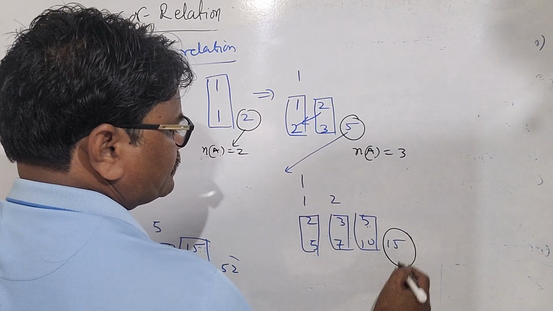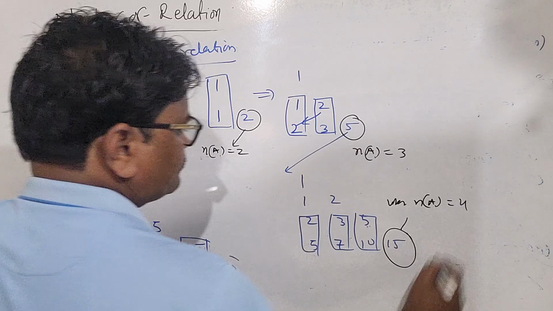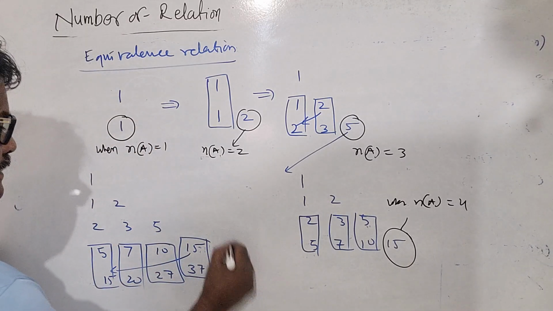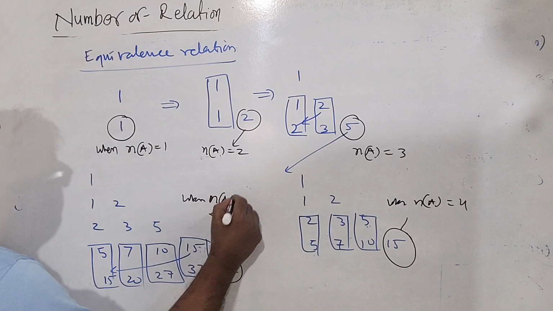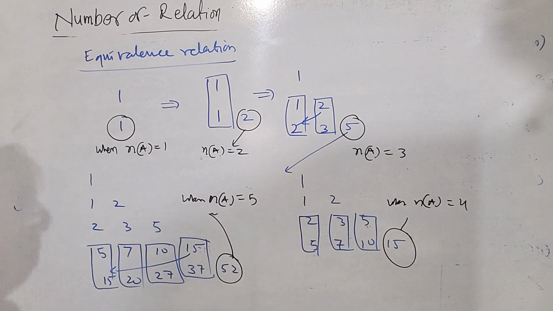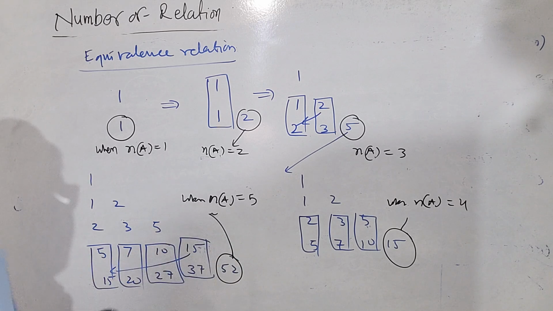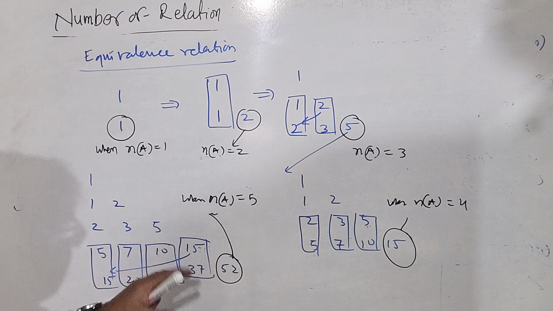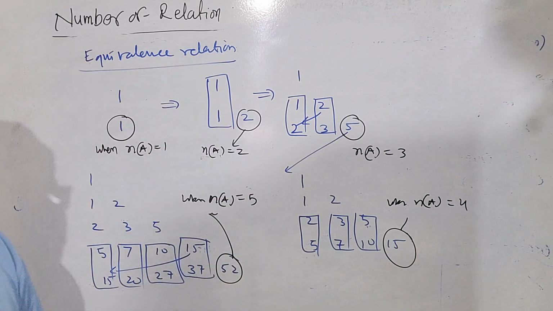This 15 is the total number when n of A is equal to 4. And this 52 is the total number when n of A is equal to 5. And therefore you can also calculate the total number when n of A is 6 in that process, n of A is 7 in that process. I hope that you understand the way we have calculated the number of equivalence relations by this way.